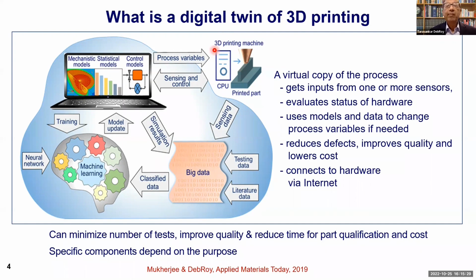It must have a hardware for it to control the hardware. Of course, we can run the digital twin offline to plan for a process so that our process is sound and the parts we make are as good as we can make. And this is without any trial and error. This is all based on scientific principles.